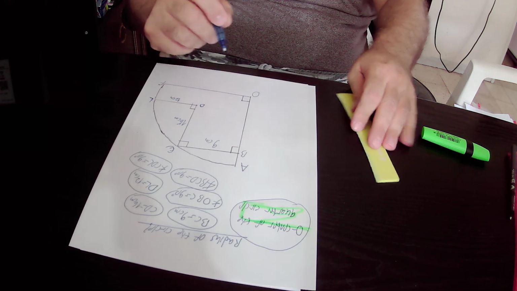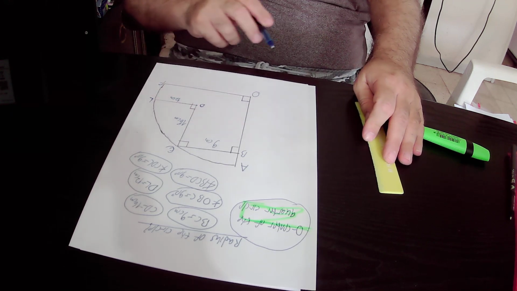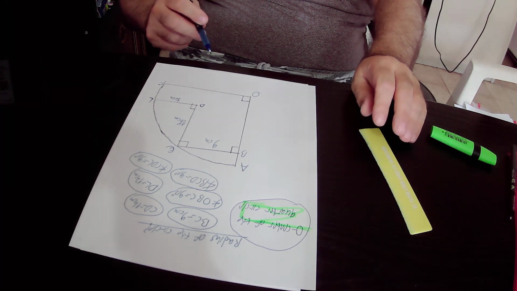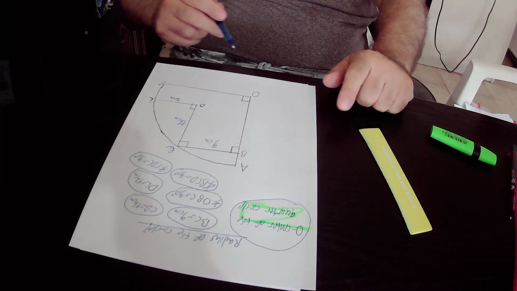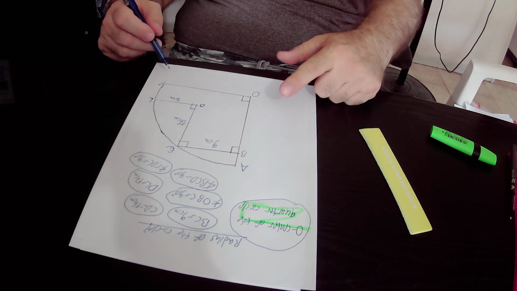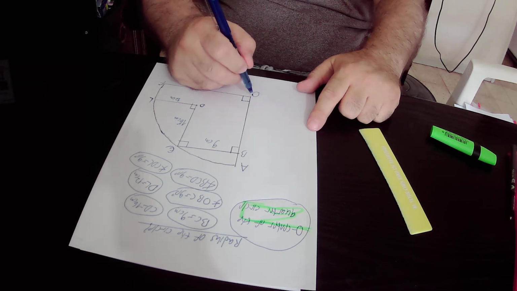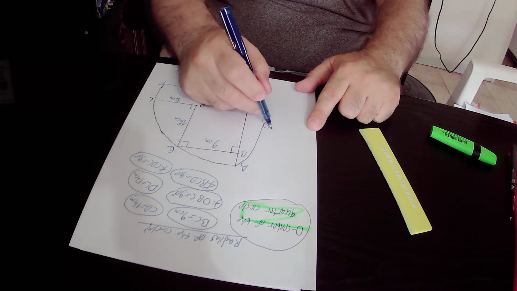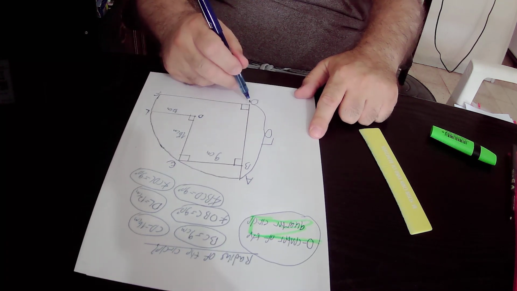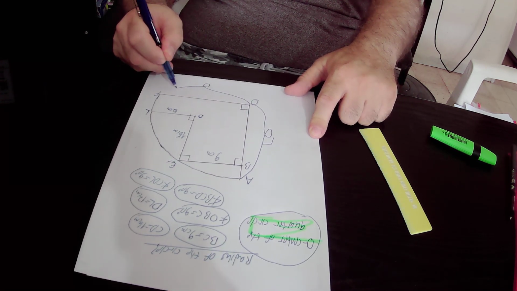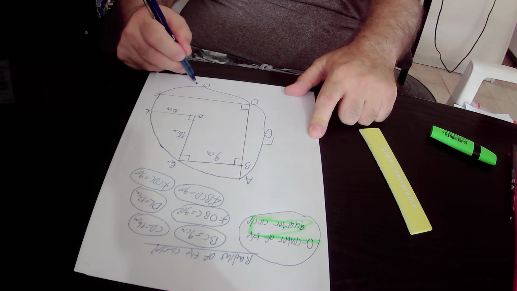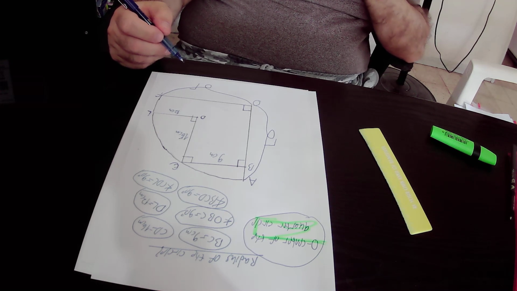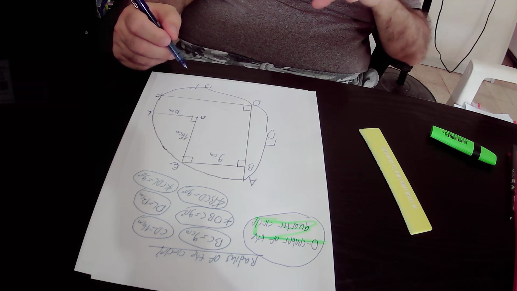And finally, side AO must be equal to side OF, and both sides are the radii of the quarter circle. So we'll define the radius of this quarter circle as R. Therefore, side OA is equal to R, and side OF is also equal to R. Okay, so those three things are true in any quarter circle.